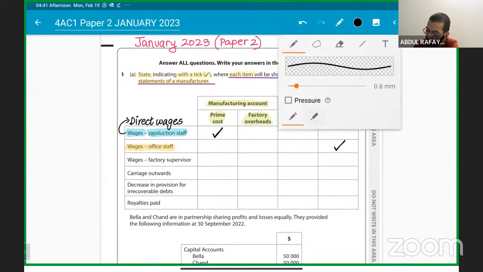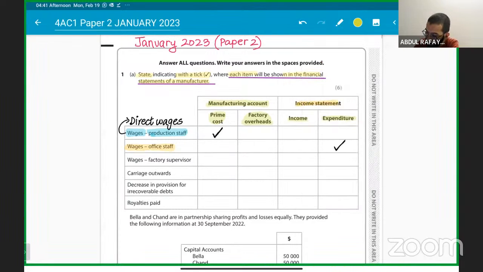Next, wages for the factory supervisor. The word itself says factory related. The supervisor and manager will be part of the manufacturing account, considered under factory overheads.